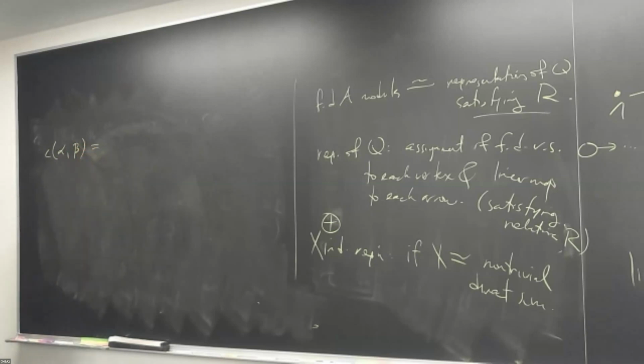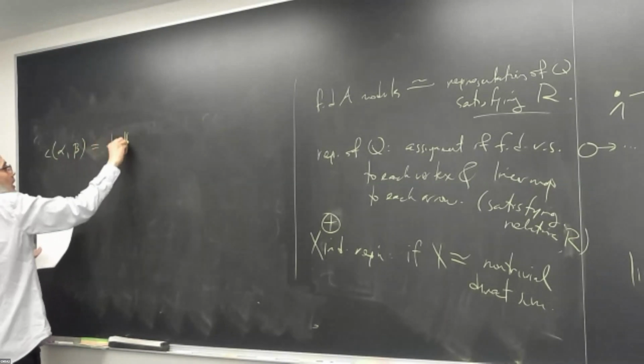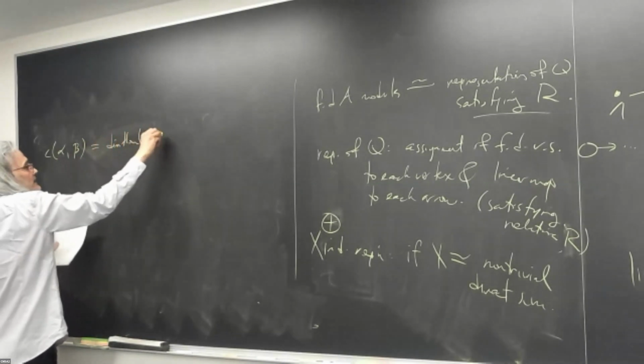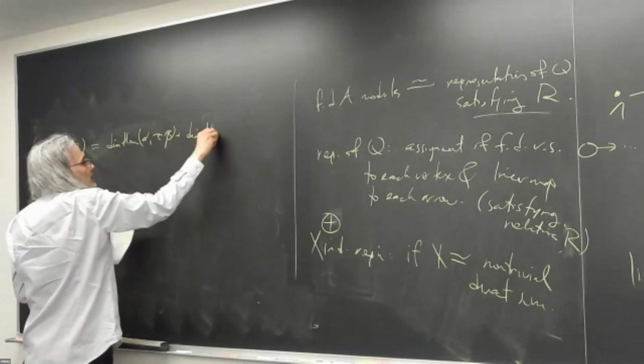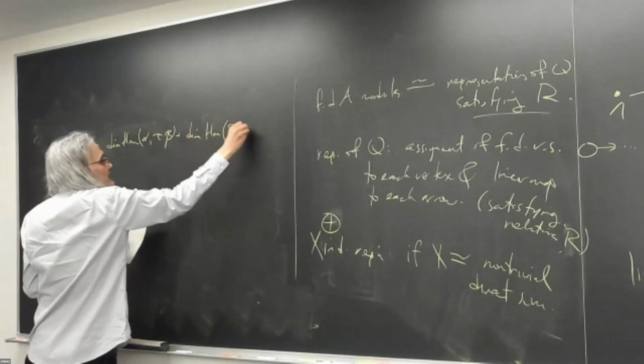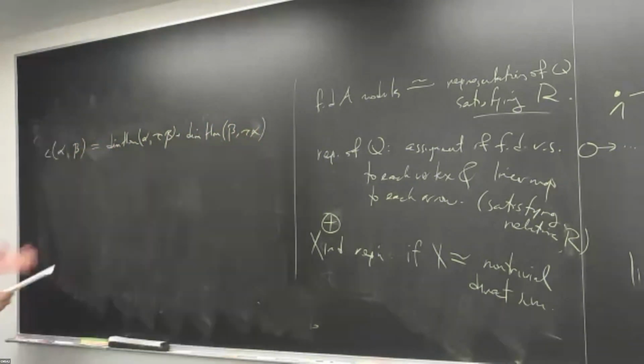For people who are familiar with cluster algebras, this is the E invariant of alpha and beta. And let me just say, in alpha, beta plus in beta. So here, tau is the Auslander translation.